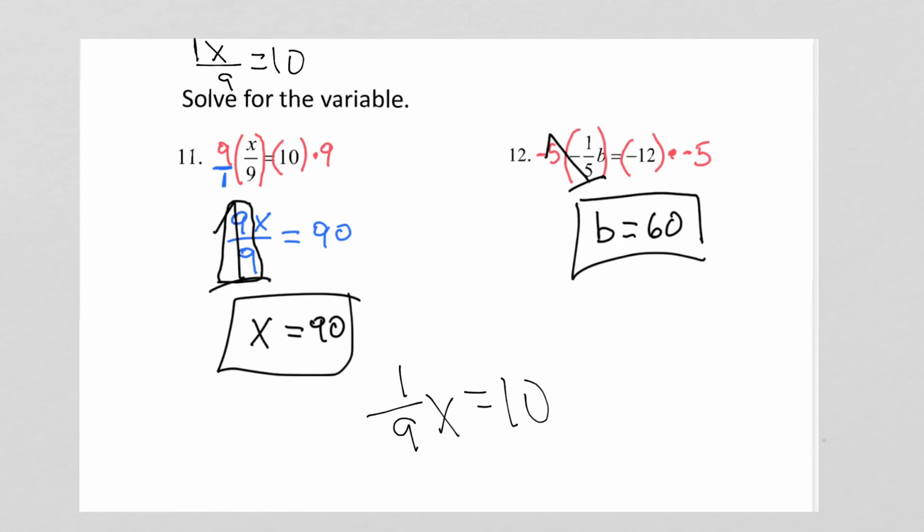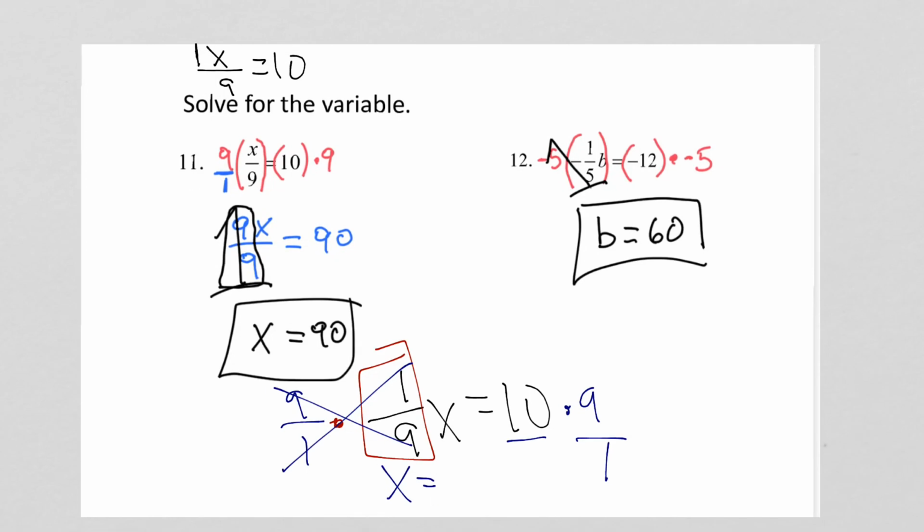So in order to get rid of this part right here, I multiply by the reciprocal, the flip version. So I'm going to multiply by 9 over 1 and multiply by 9 over 1. And I end up what? They cancel. So I'm left with x equals 10 times 9, which is 90 over 1, which equals 90.